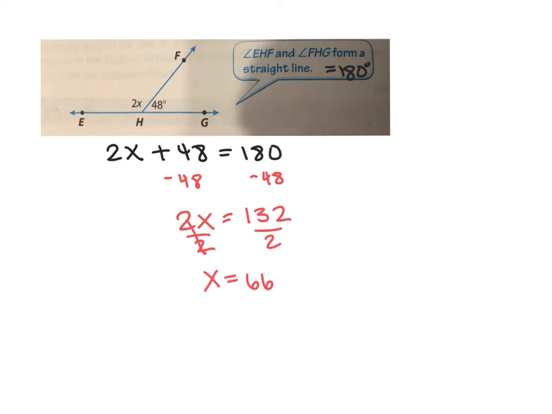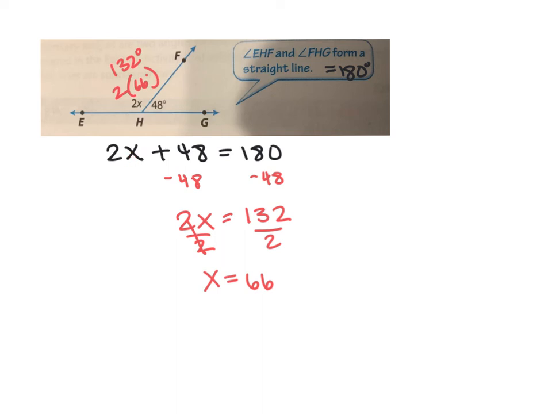So I now know that x is 66 degrees. And I know that this is 2 being multiplied by that for that whole angle, which is 132. So the measure of angle EHF is 132 degrees. So you'll just use your knowledge of solving for variables to solve those.